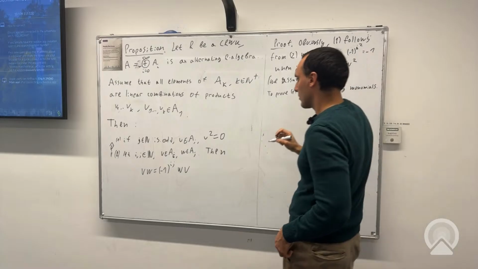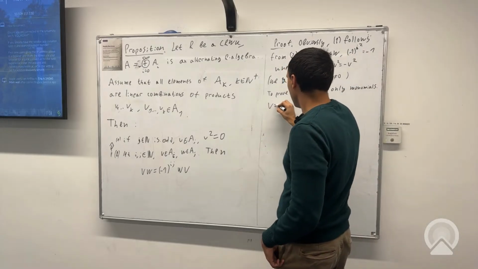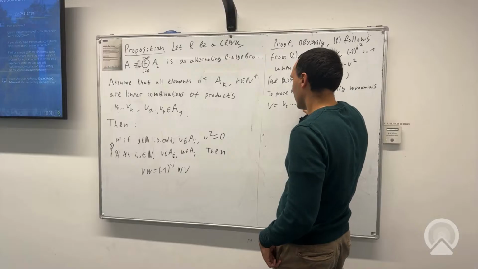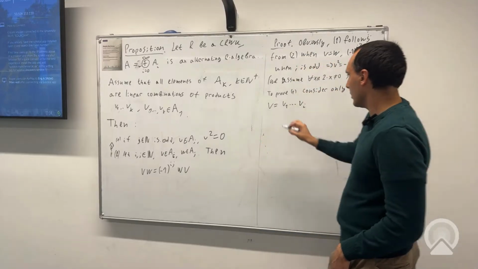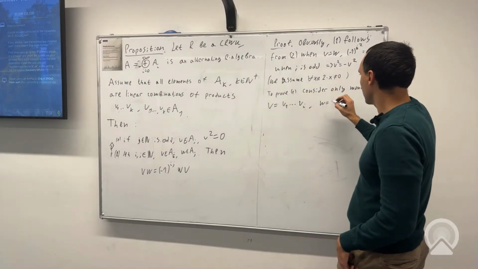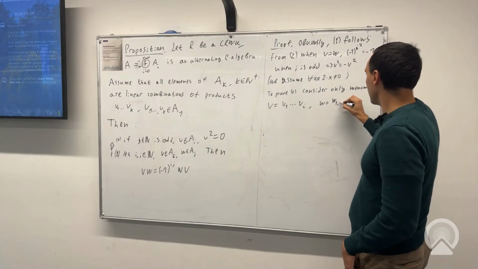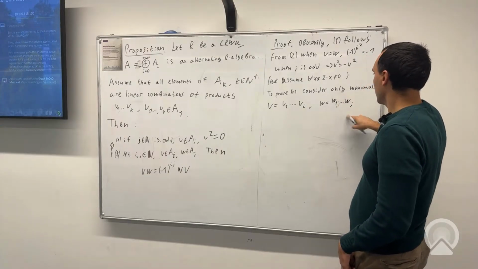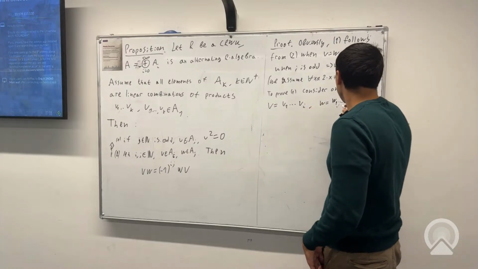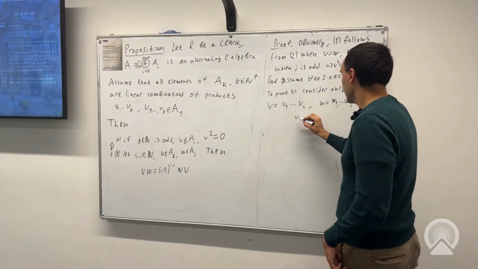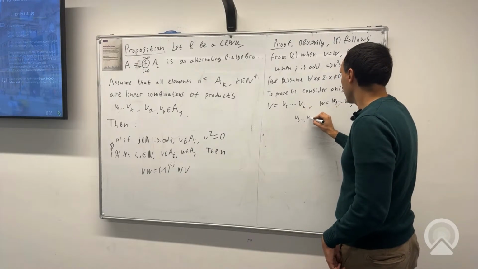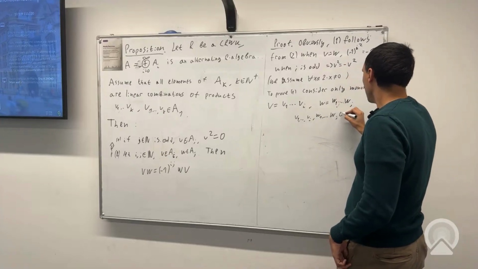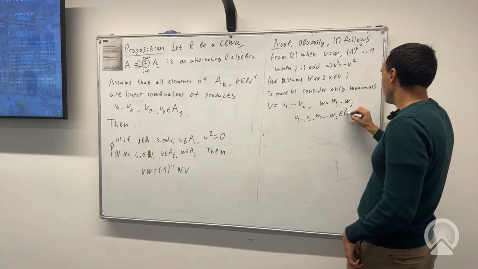So let's say V is V1 times Vi, and W is W1 times Wj. These are, of course, V1 to Vi and W1 to Wj are in A1.